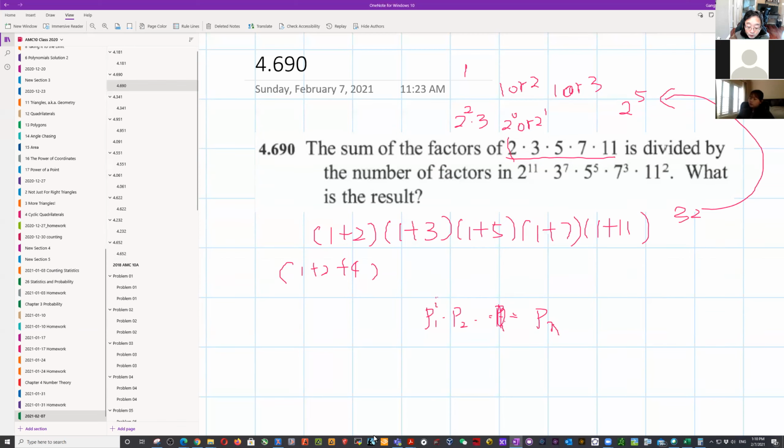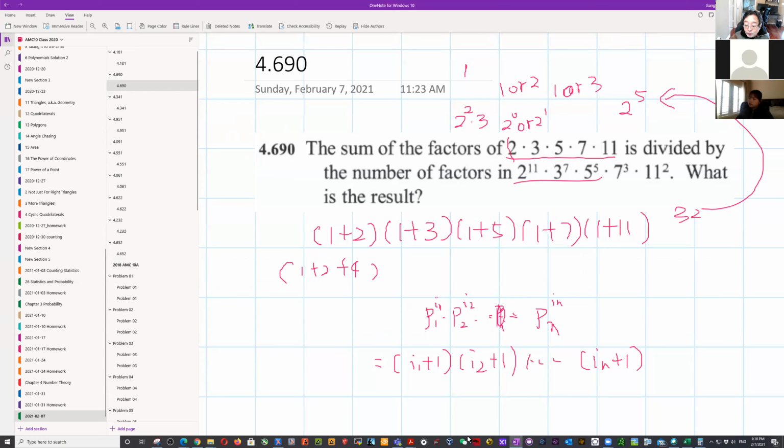So its index for each prime factor is index 2 and index n. So all integers could be factored into this format. And then the number of factors is equal to i1 plus 1, i2 plus 1, all the way to multiply by in plus 1.